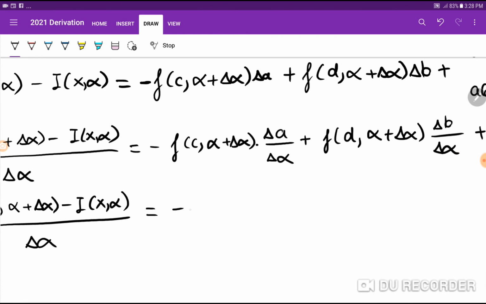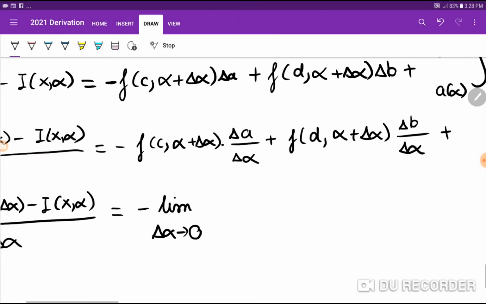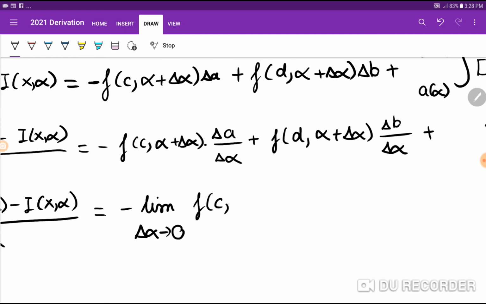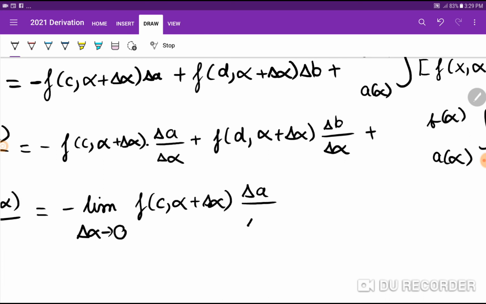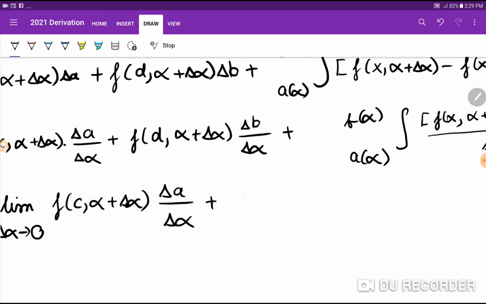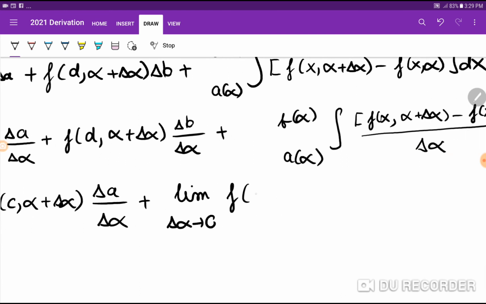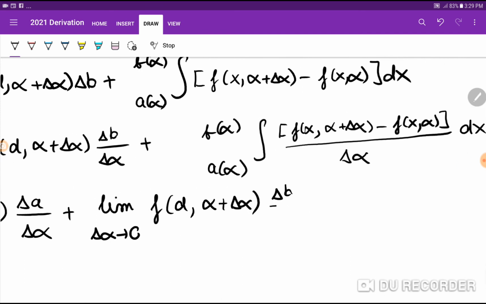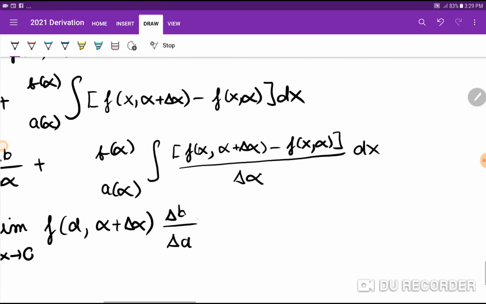Equal to negative the limit as delta alpha goes to 0 of f c alpha plus delta alpha delta a over delta alpha, plus the limit as delta alpha approaches 0 of f d alpha plus delta alpha delta b over delta alpha, plus, since again this integral is continuous, I can bring the limit inside, so it would be the integral from a alpha to b alpha.